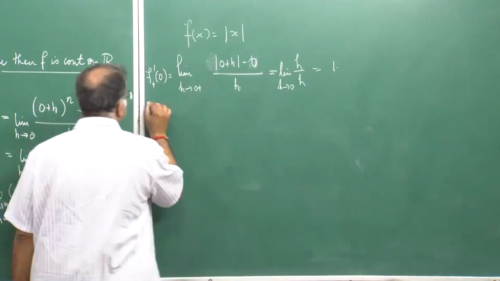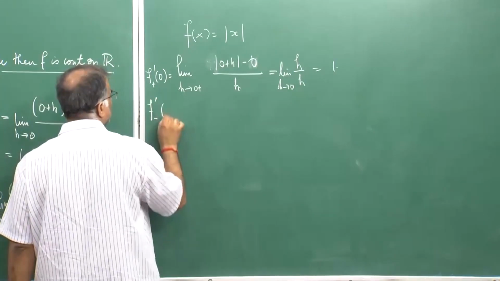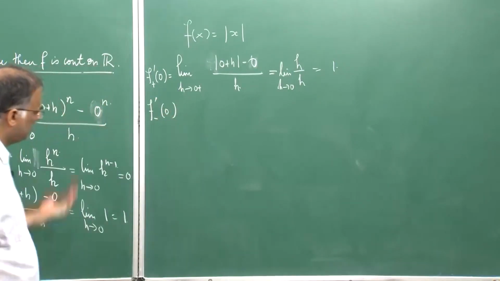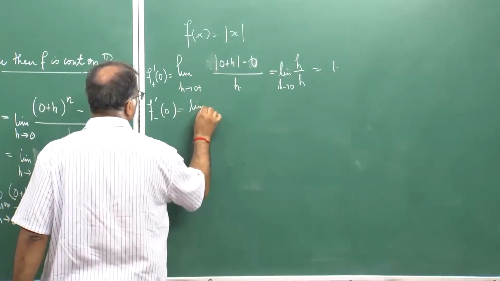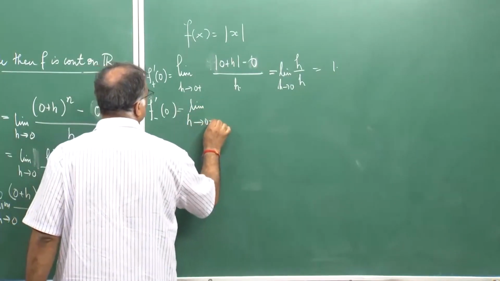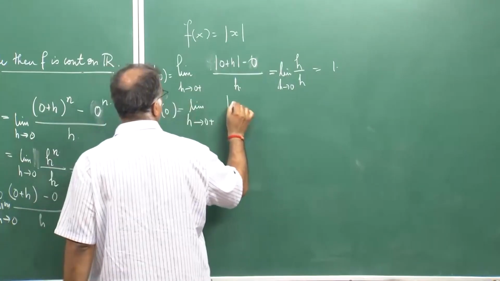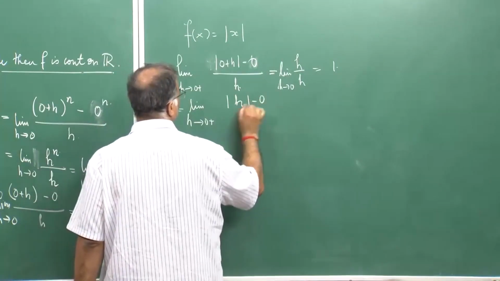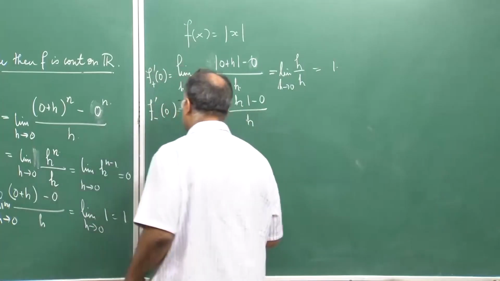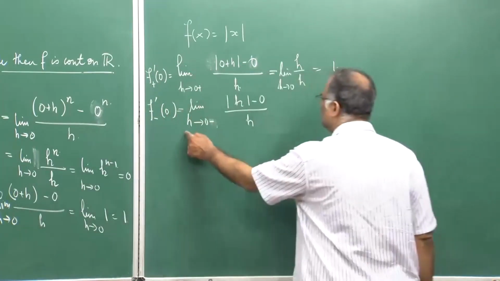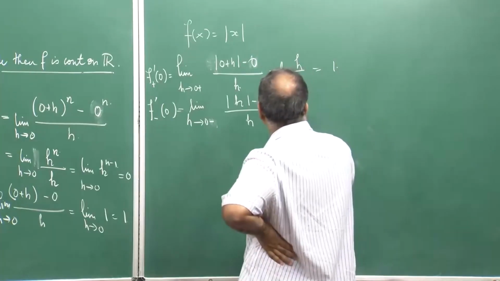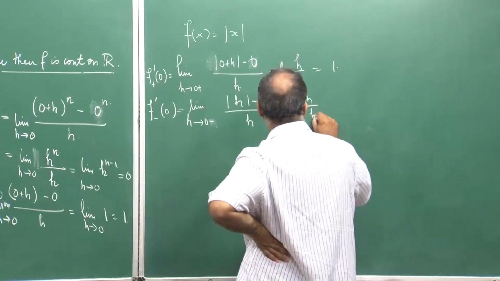But if I take the left limit, then mod of h, since h is negative, now going to 0 from the negative side, will become minus h by h.